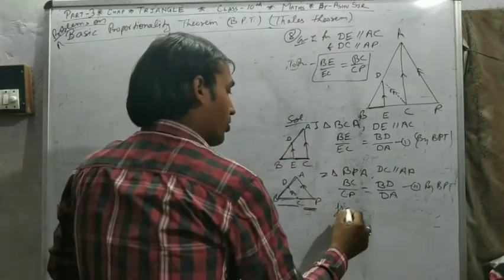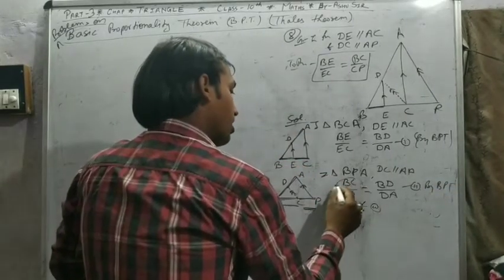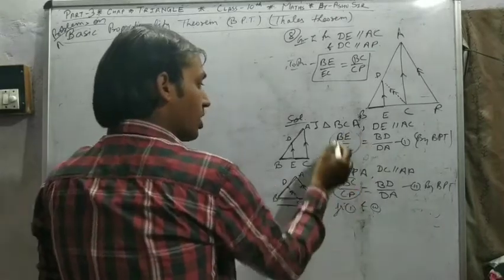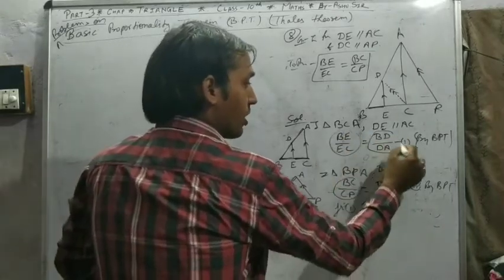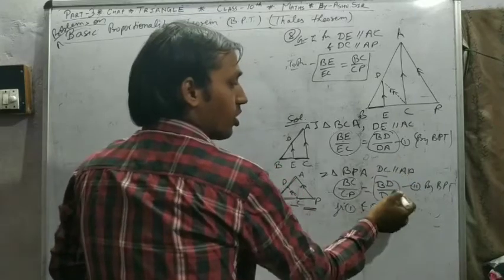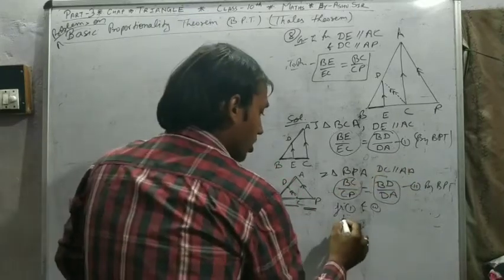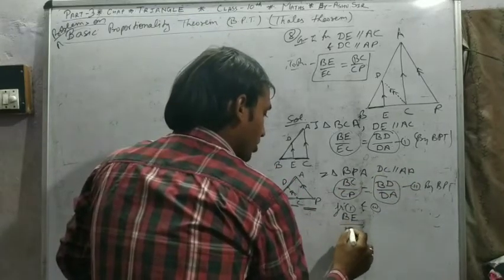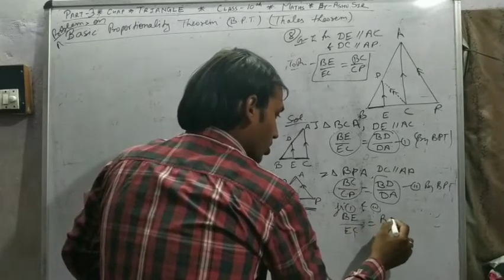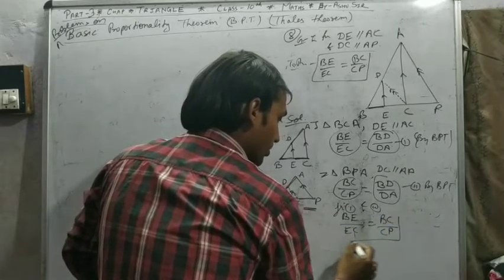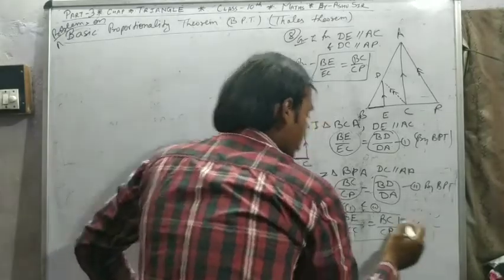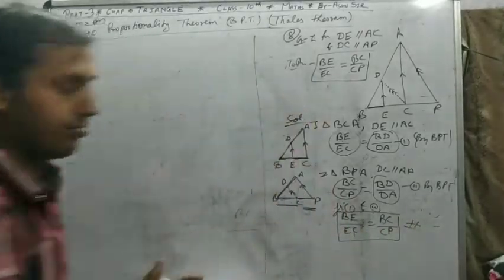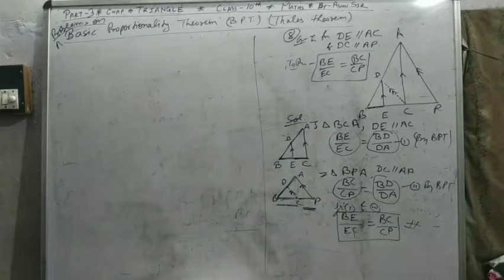So from equation first and second, we want to prove them equal, but here you can see the right side is also equal. So the left is also equal. So BE upon EC is equal to BC upon CP. Hence proved. Okay, pause, we note down.